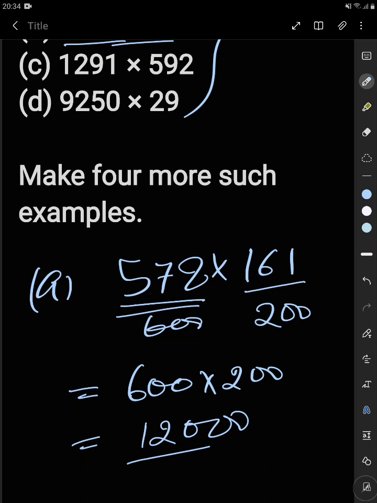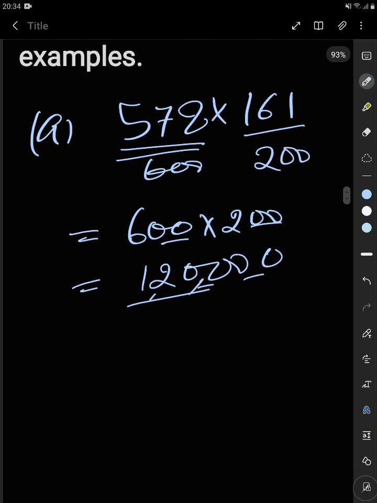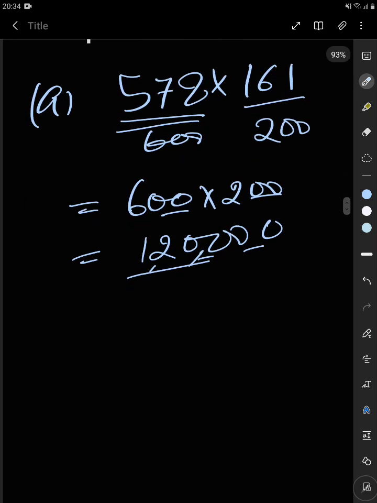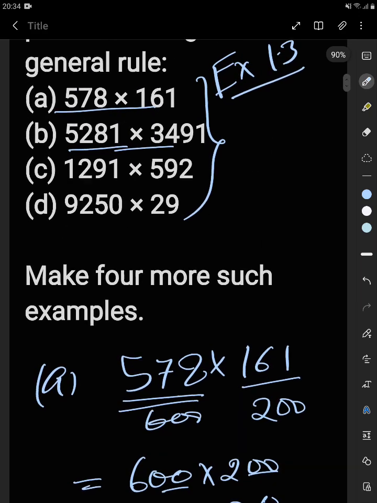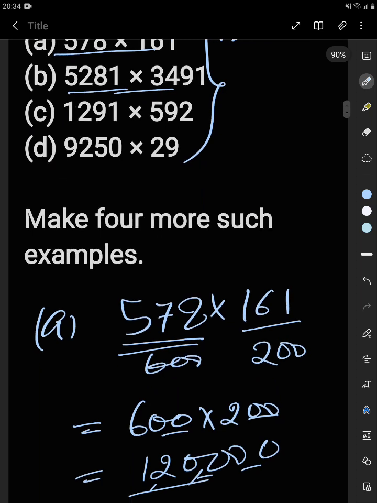Not 12,000, it will have one more zero because 20 and 20. So it will be 1,20,000. So this is the first question, applying the general rule.